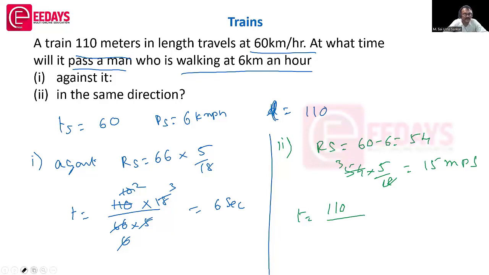That is equal to 15. Now this is equal to 3 times and this is equal to 22 times. So what is the answer? 7 1/3 seconds, which is the required answer.